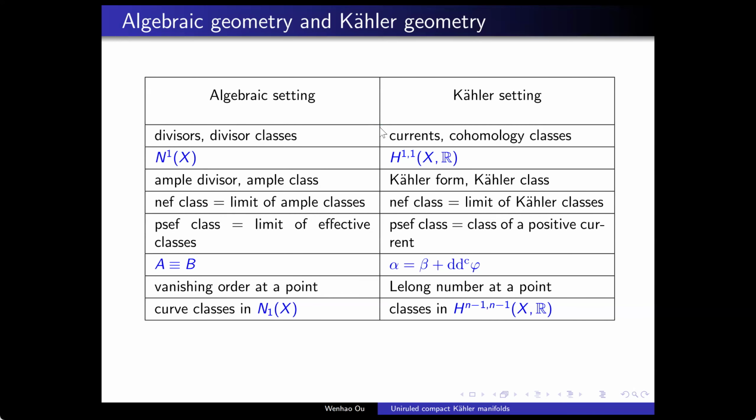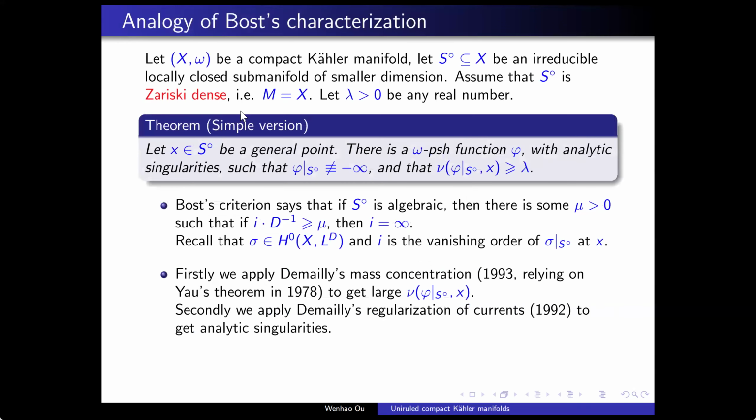With this comparison picture, we can finally generalize Bost's criterion to this Campana-Păun manifold. But indeed, I did not prove exactly the same characterization at this stage. I proved some weaker version, so let me introduce it.